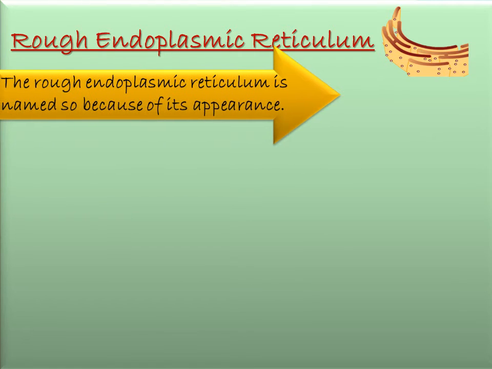Now let us begin with RER, that is rough endoplasmic reticulum. Just have a look at the diagram given in the right corner. You can see some small balls are observed, and because of that reason only it is named so. That is, a kind of roughness is observed on the surface of this organelle. Okay, so that is why it is known as rough endoplasmic reticulum.